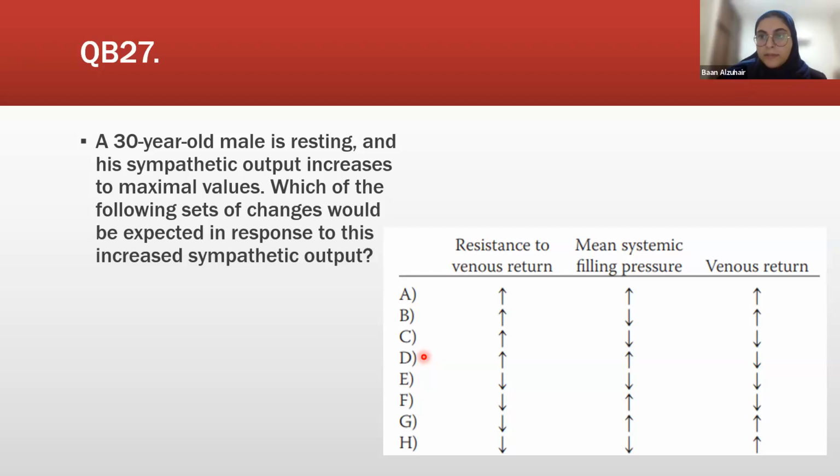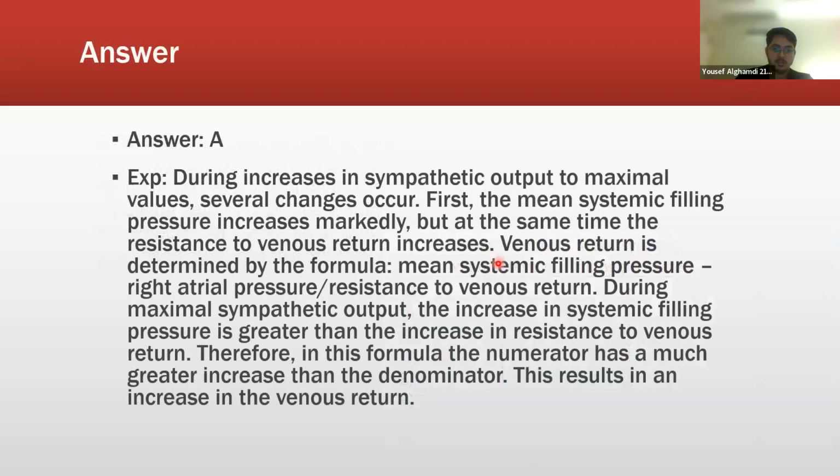I'll re-explain. Maybe if they see the formula, it'll be easier. I have the formula in words: mean systemic filling pressure, right atrial pressure, resistance to venous return.